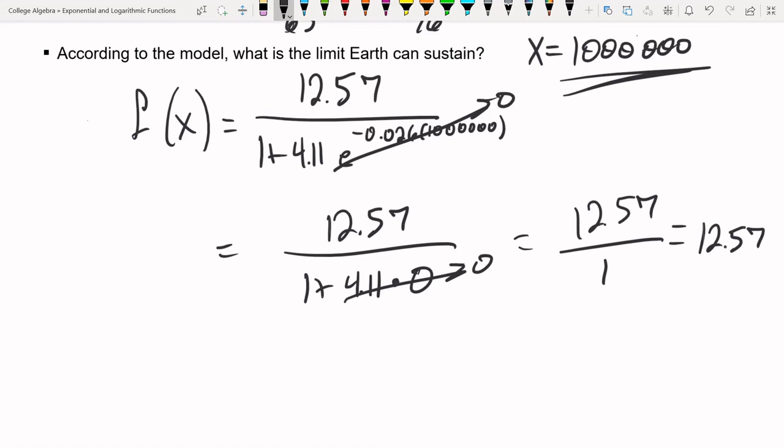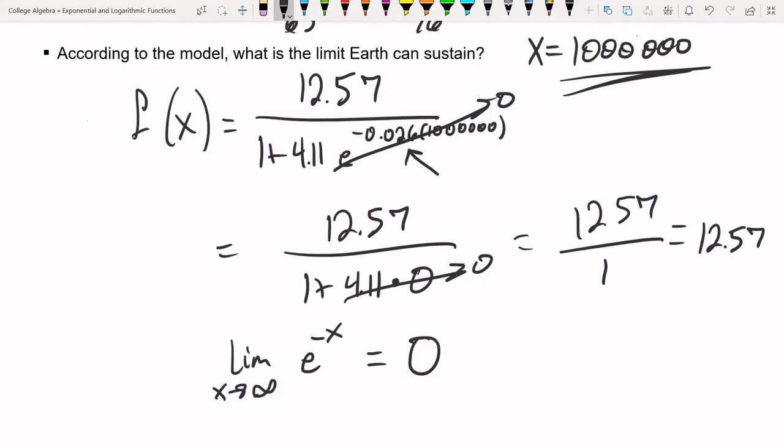And that's just using some function analysis, looking at what does e to the power of x go to. The proper mathematical way of saying this is the limit as x goes to infinity of e to the negative x equals 0. That's because we have a negative there. The multiplier doesn't really matter.